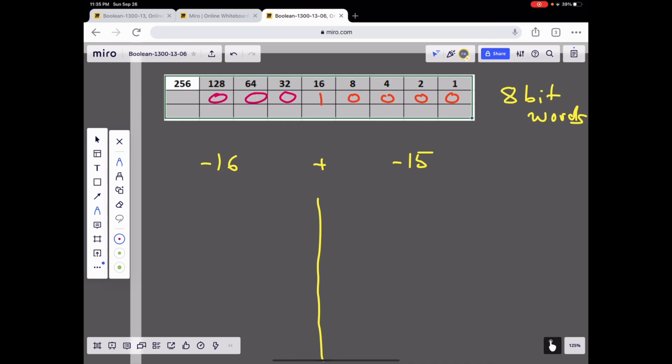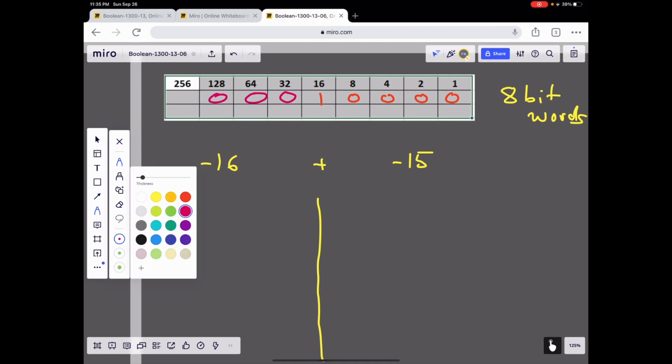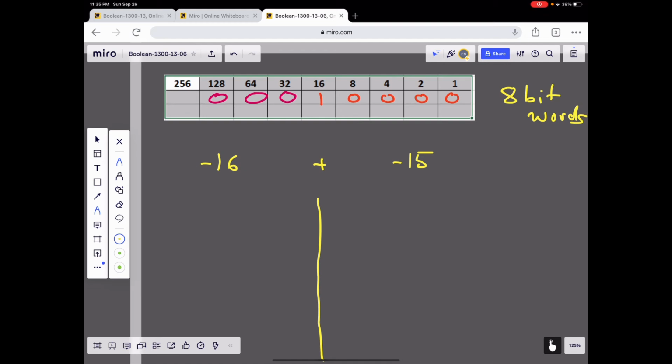So I'm gonna do two's complement for the negative 16. So I'm gonna write down here, 0 converted to 1 and 1 converted to 0. Flip the number: 1, 1, 1, 1, and 0, and 3 number 1s, 1, 1, 1.